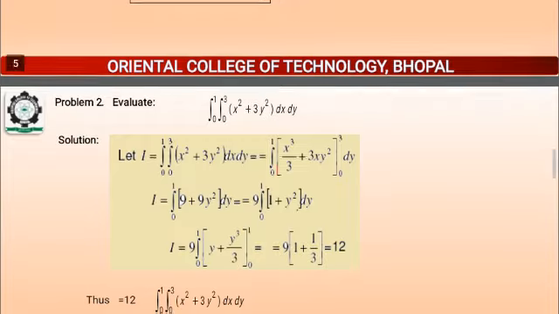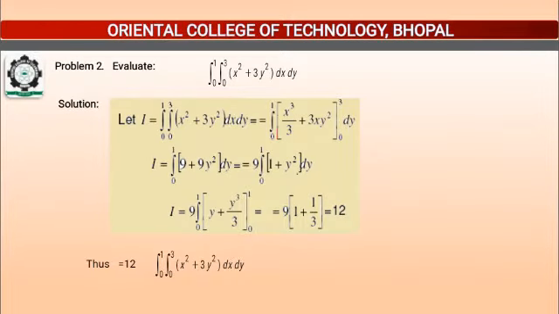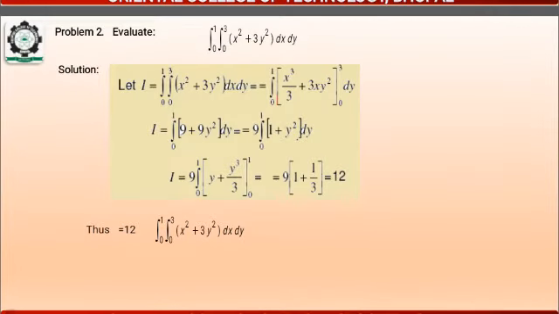Come to next question. Evaluate double integration 0 to 1, 0 to 3 of x square plus 3y square dx dy. Let I be this integral, and first integrate with respect to x, that is integration of x square is x cube by 3, and integration of 3y square with respect to x is 3y square x, and limits are 0 to 3.